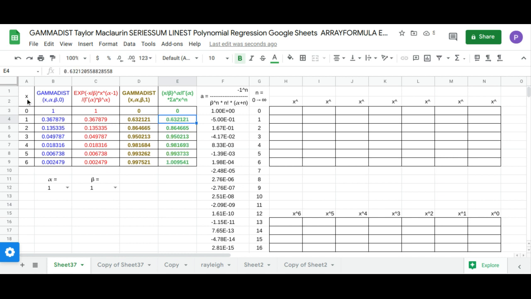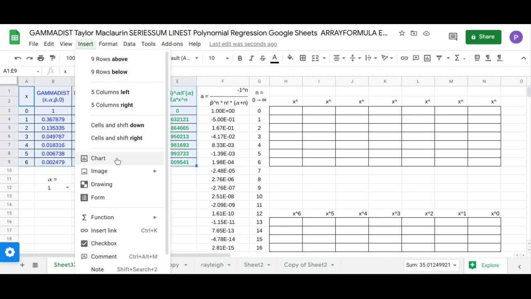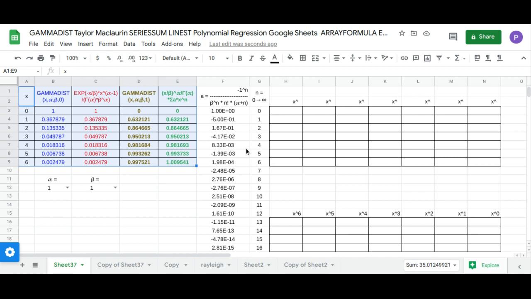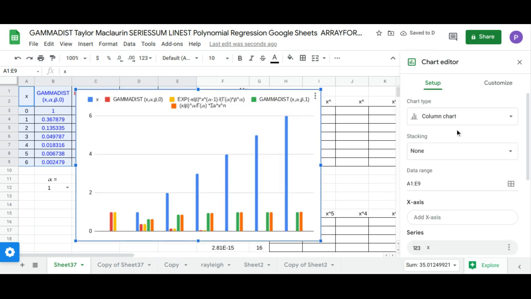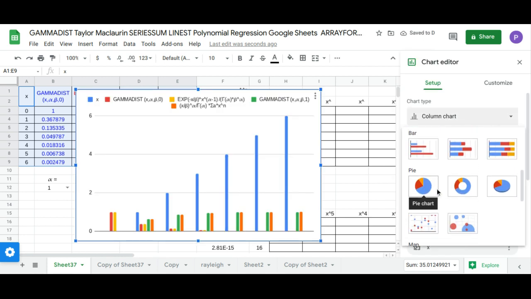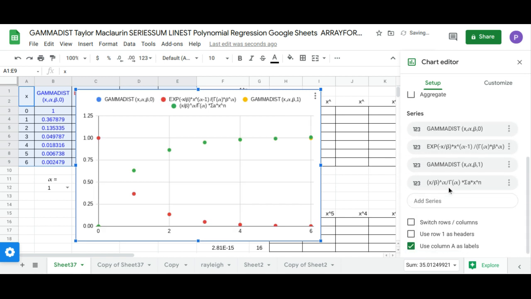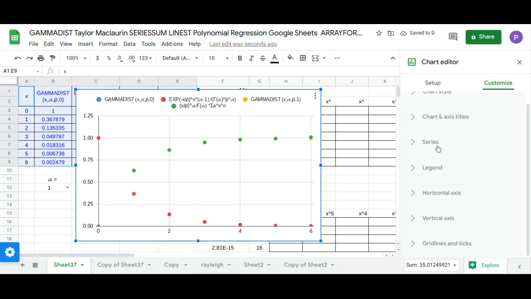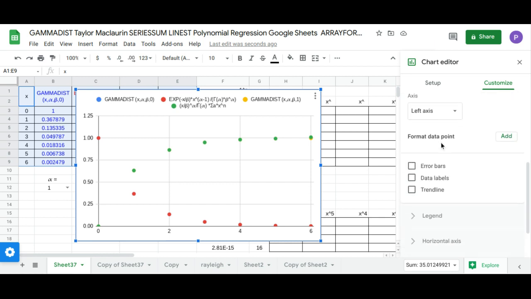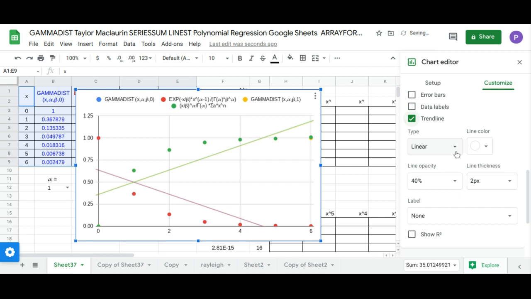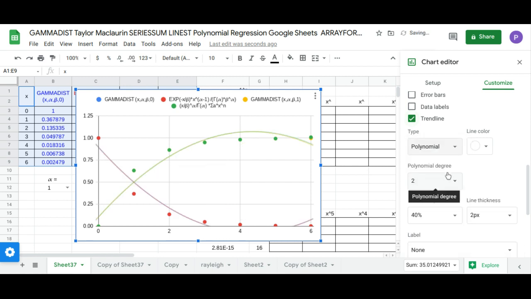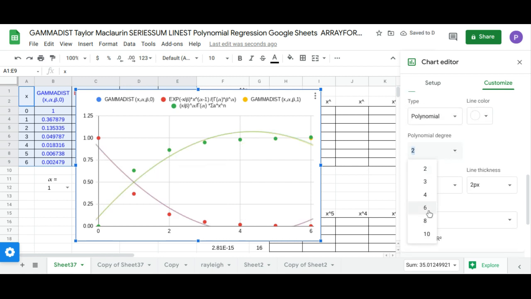And we'll chart this. So insert chart. And we'll use scatter chart for this. Row 1 as header. And customize. Series. Trend line. Polynomial. To the 6th degree.